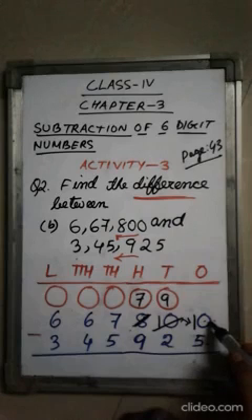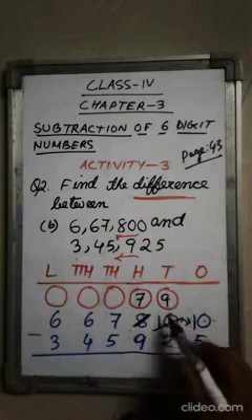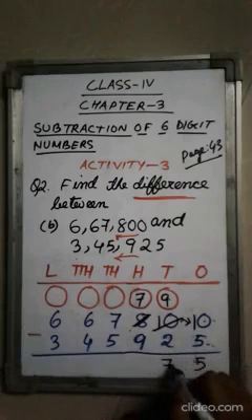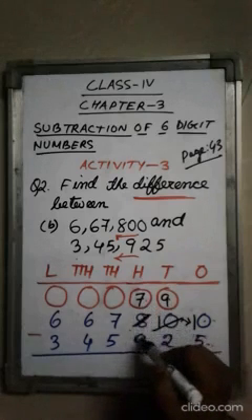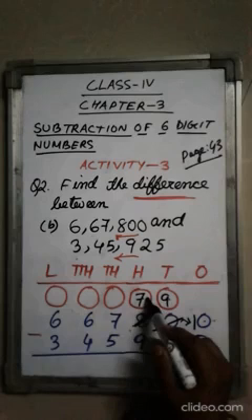Now this is 10 minus 5, 10 minus 5 is 5, 9 minus 2 is 7, 7 minus 9 we cannot subtract because 9 is greater than 7.